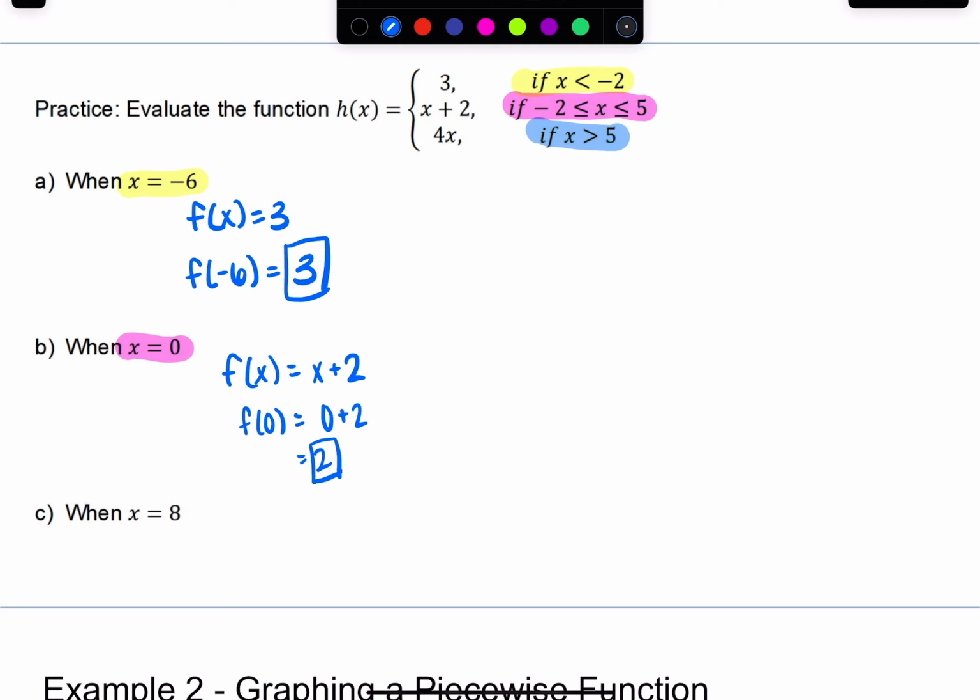And then finally, when x equals 8, that falls under the interval x is greater than 5. So I'm using my last equation, f of x equals 4x for this one, and I'm plugging in 8. So 4 times 8, and that's going to equal 32.